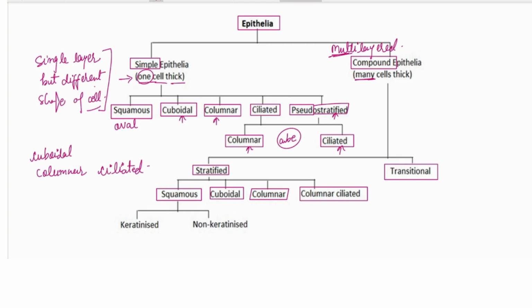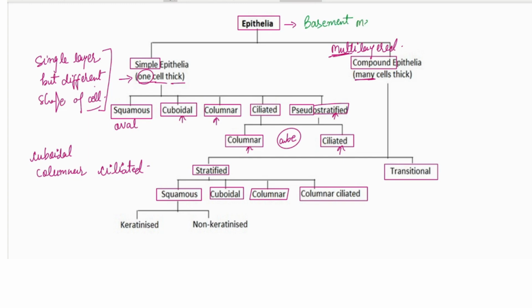We can call it the epithelial tissue resting on the basement membrane.